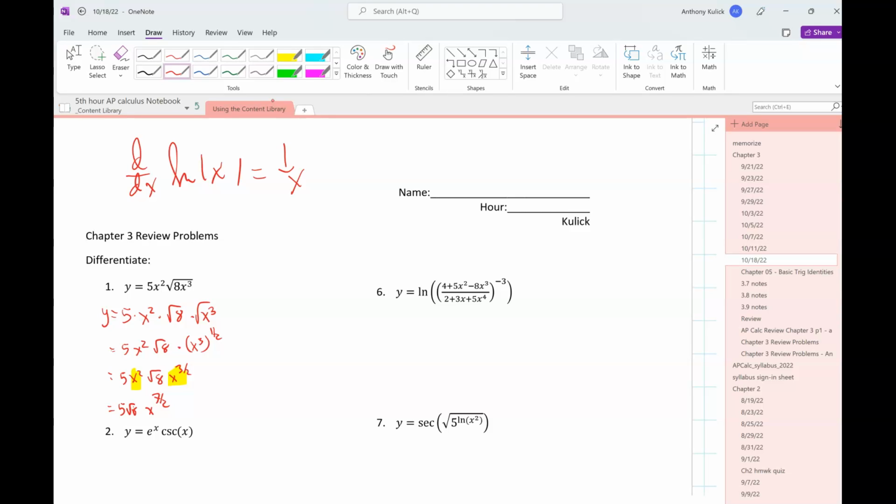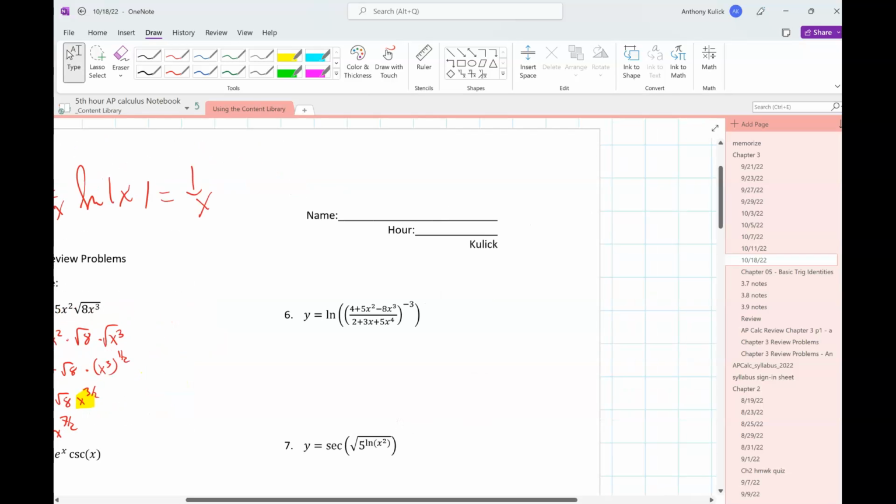Okay, number 6. This looks terrible, right? But I can do this with three individual chain rules. Not linked chains, just three individual chain rules.